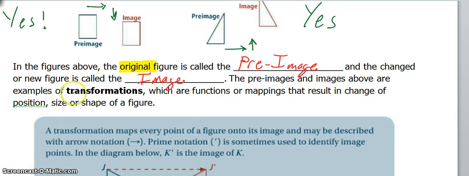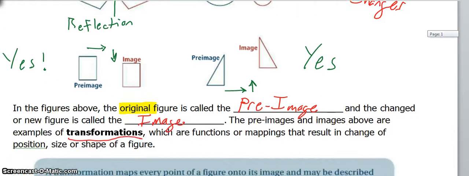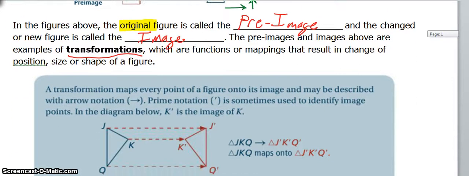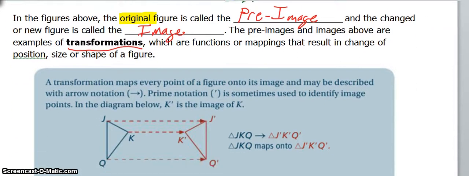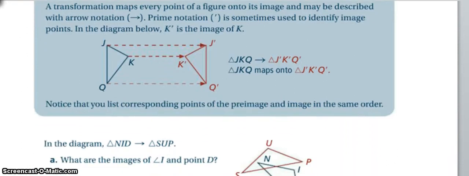Now a transformation does not have to be a rigid motion, so not only up here are they rigid motions, but they're also transformations. This circle transformation is not a rigid motion, but it is a transformation. It is actually a dilation and a translation. So if we look down here, know that a transformation maps every point from the pre-image onto the image by a rule.